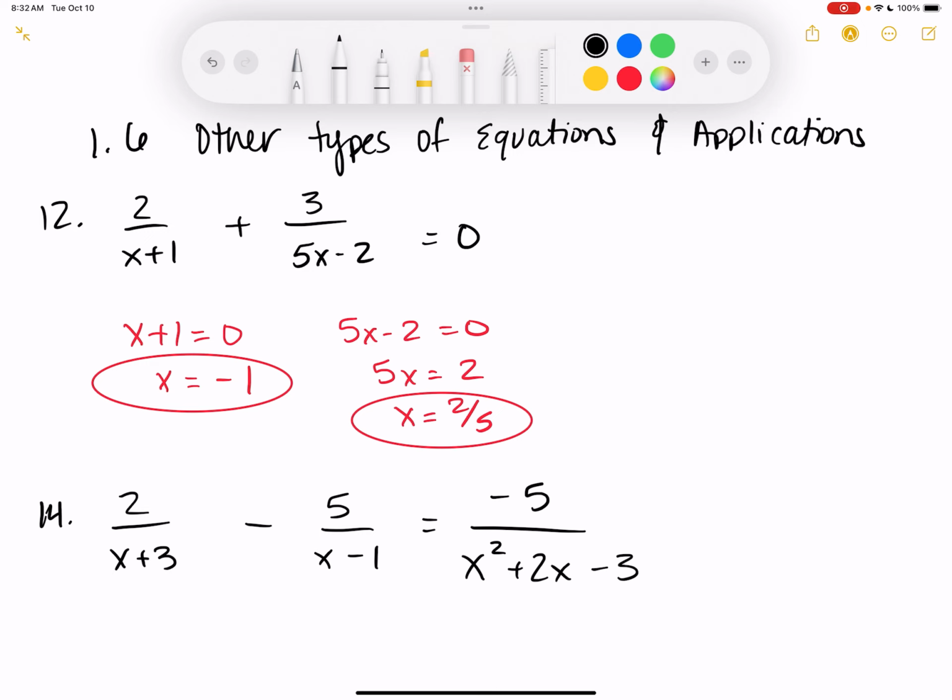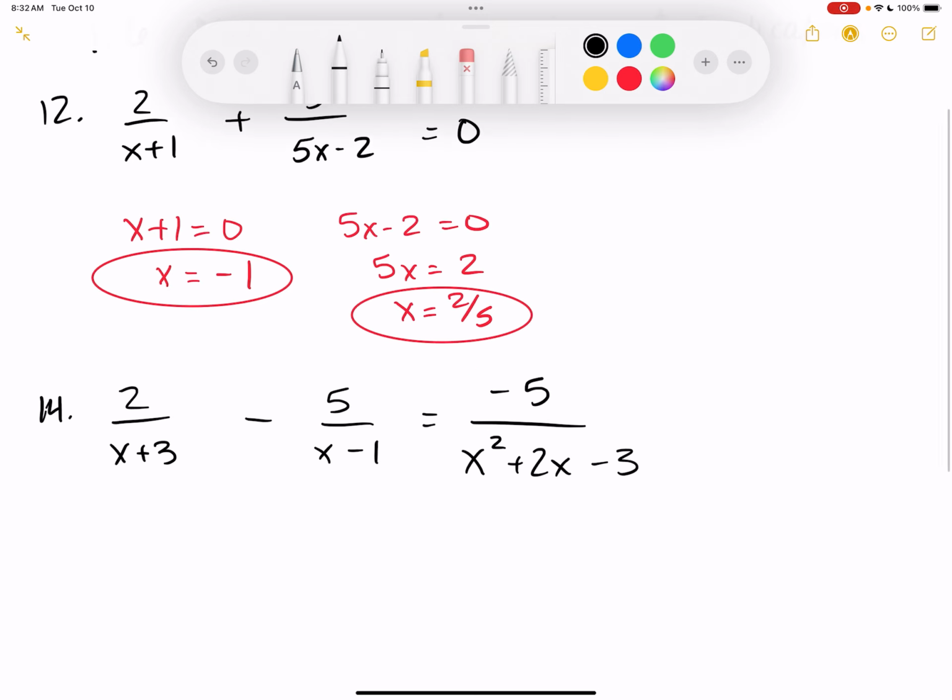On this one, the first thing I want to do before I start setting things equal to 0 is see if I can factor this denominator, because sometimes it works out nicely to where the denominator is actually these two things over here, and so it's less work for me.